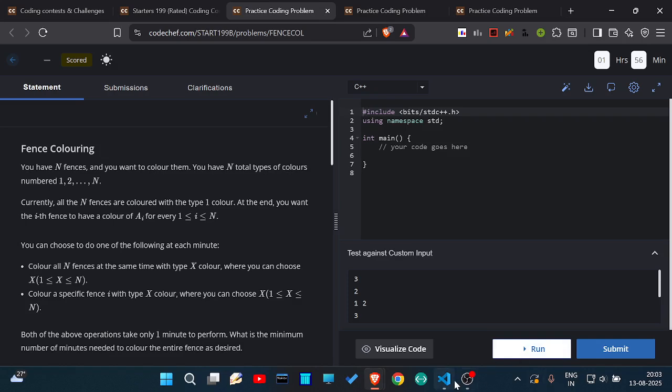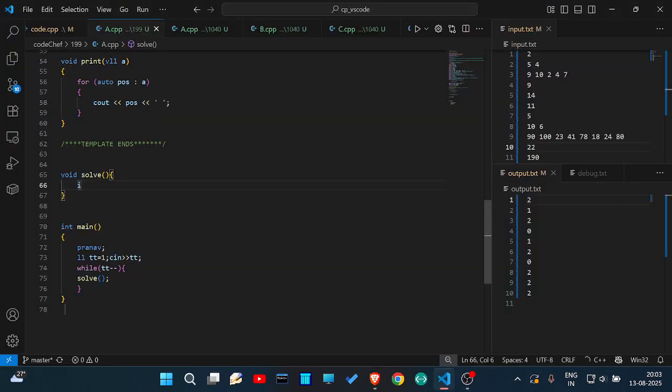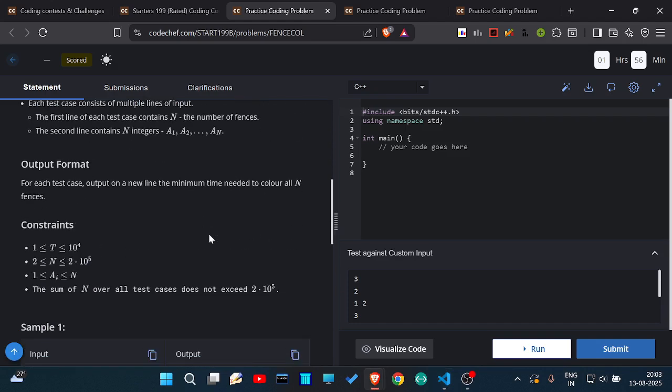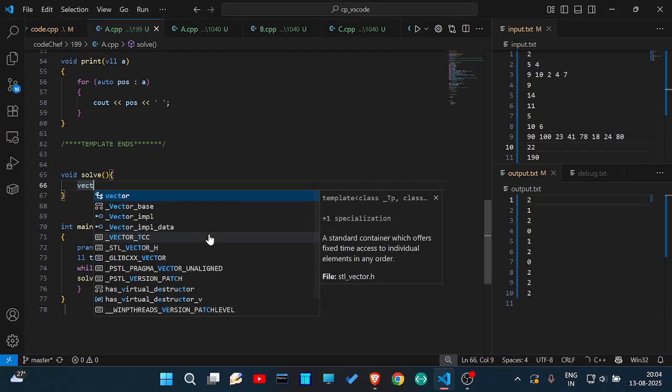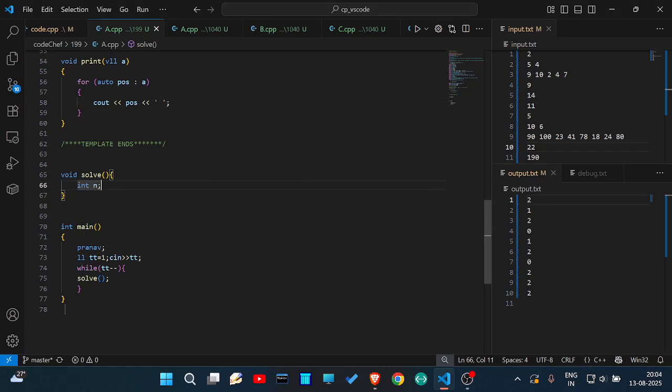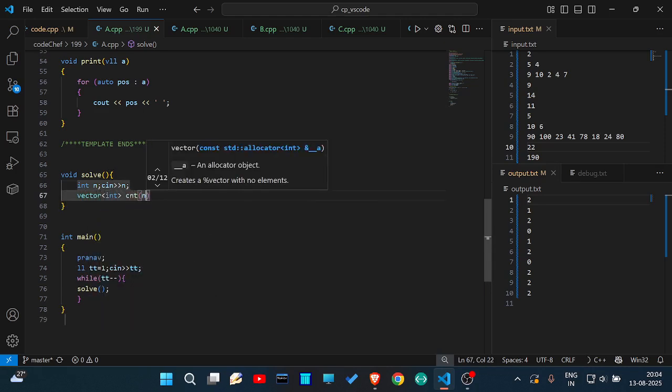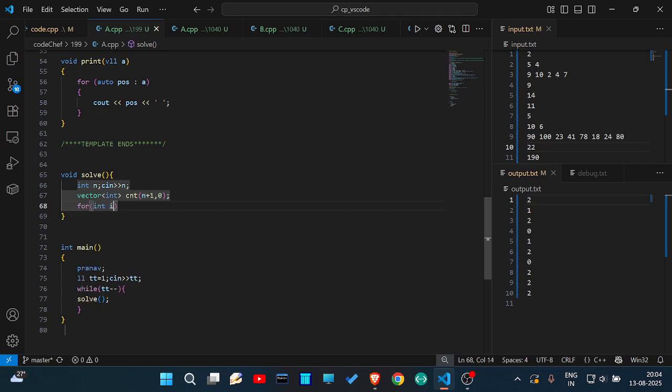So we just find the max element. Okay, go.